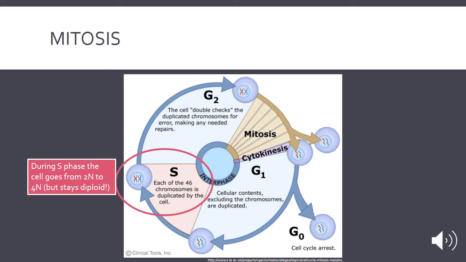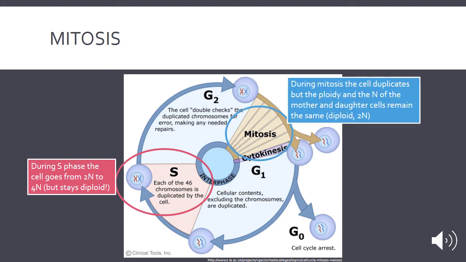But when a cell's going through mitosis, first it needs to go through S phase, or synthesis, where it replicates its chromosomes. So we go from a chromosome that is not replicated to a chromosome that now contains two sister chromatids, two DNA molecules, two copies of its DNA, but one chromosome. And as we talked about, then you're going to go from 2N to 4N, but still diploid.